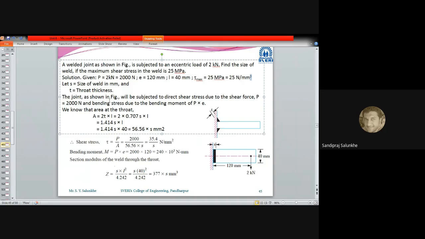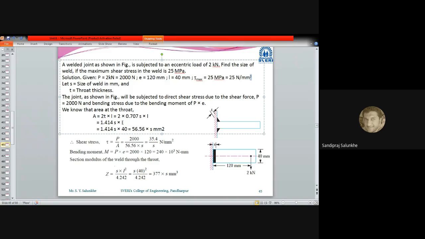Now S is the size of weld, T is the throat thickness. This joint shown in the figure will be subjected to direct shear, the primary shear, due to force P, which is 2000 newton, and later on bending stresses due to the bending moment of this force multiplied by the eccentric distance, that is P into E. The throat area is calculated as 2 into T into L. T is 0.707 of S. We'll keep this S as it is, which we have to calculate later on.